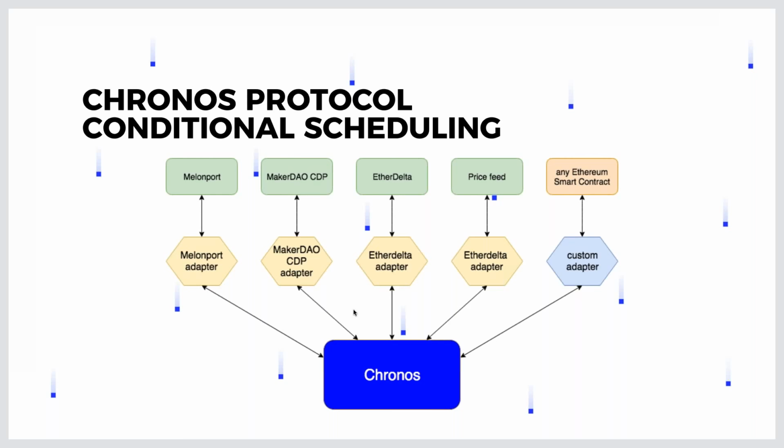We see a lot of potential in this kind of operation, and I think we are pioneering smart contract automation by employing the Chronos protocol. This has proven to be really exciting and needed functionality. We got this feedback from Melonport and others. In general, we're thinking of allowing the community to write this kind of adapters for Chronos, so we're slowly thinking about a marketplace, maybe a token curated registry for those smart contracts.